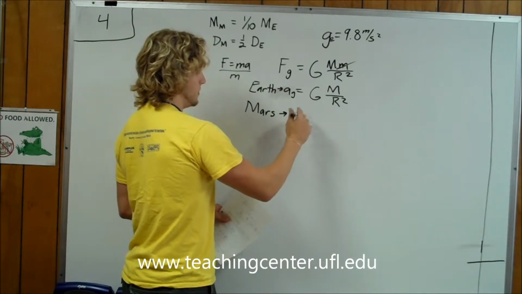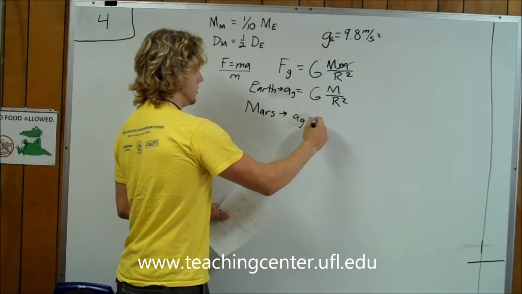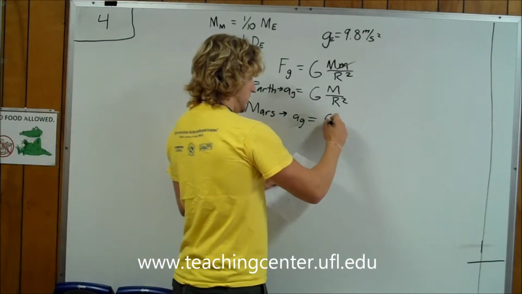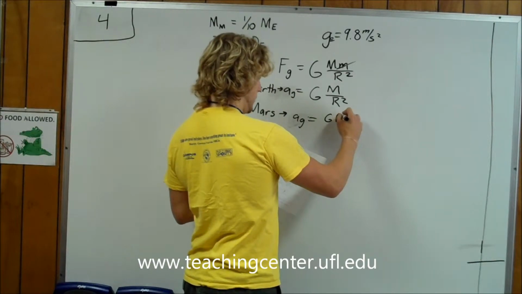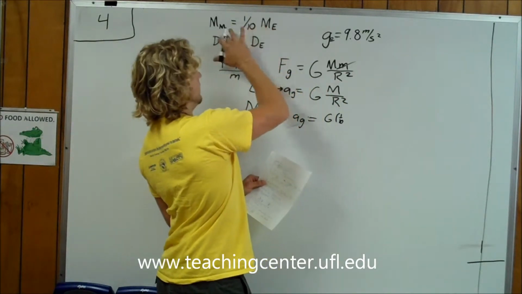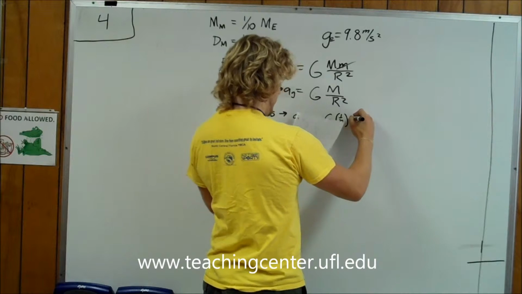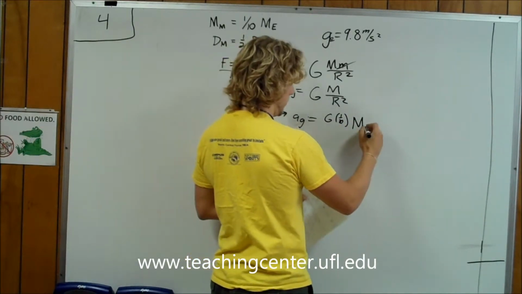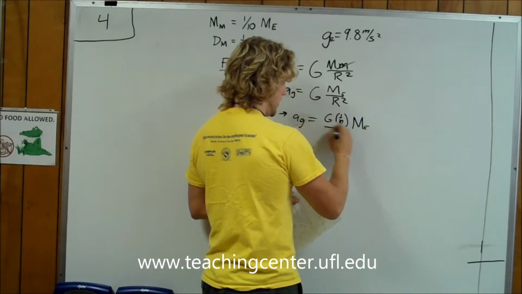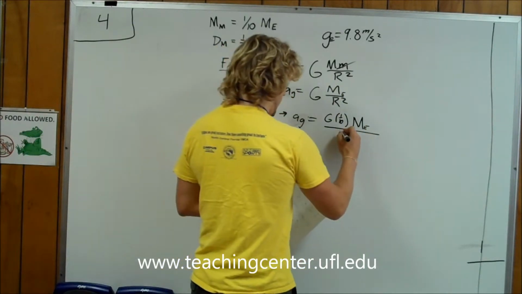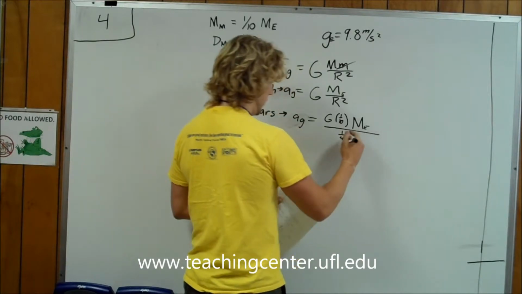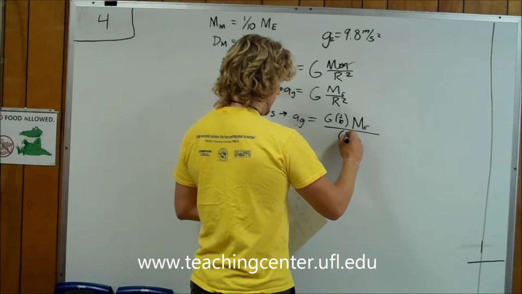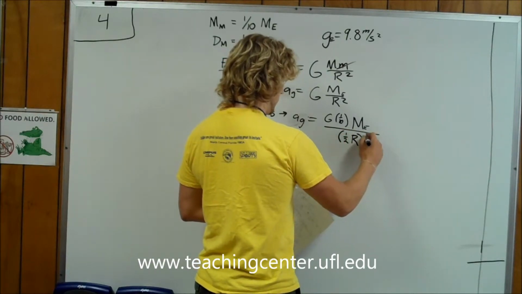Sorry that I'm writing so badly. a g is equal to G times 1/10, because it's 1/10 the mass of Earth, 1/10 the big M, the mass of Earth, all over 1/2 r squared.